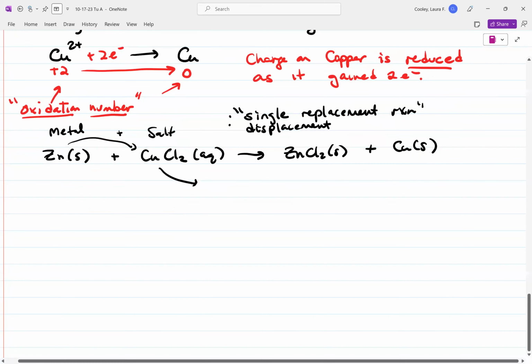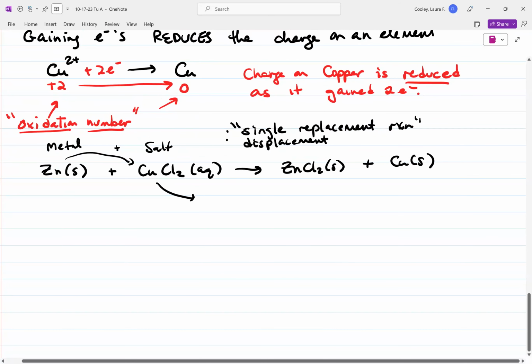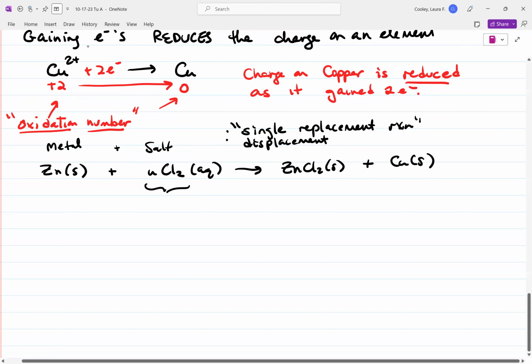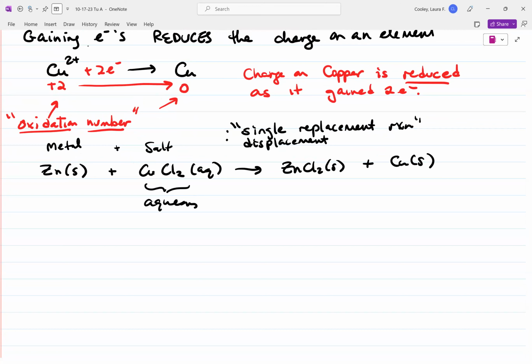But what I want you to notice here is what's really happening here. Okay, so this copper chloride here is aqueous, all right? So that means that you really have here copper ions and 2 chloride ions for each of those formula units.